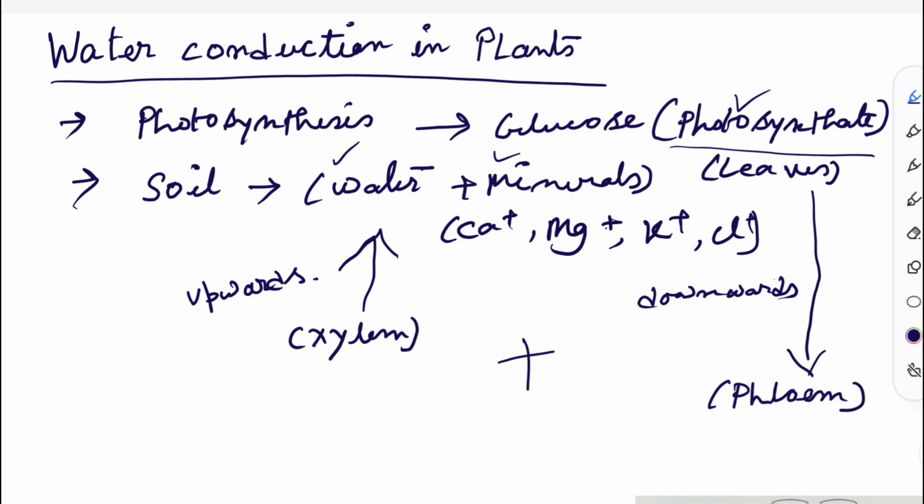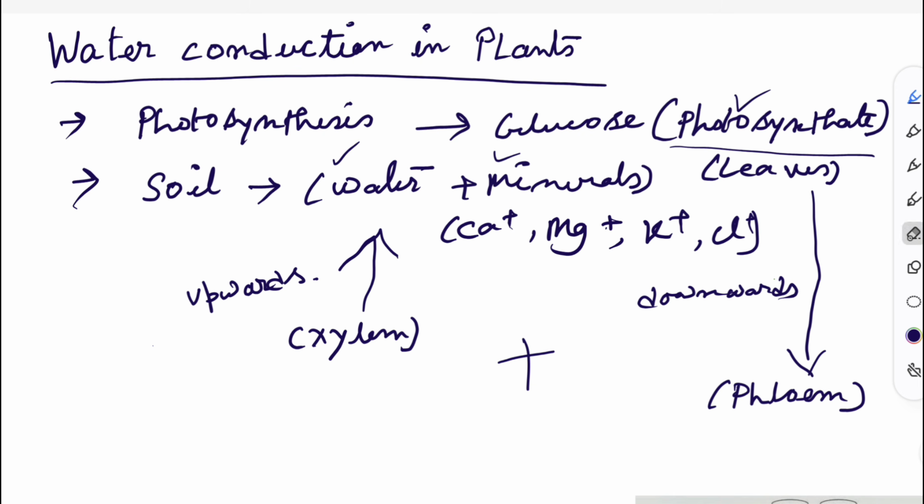So in this video we are going to particularly learn about xylem's conduction, that is water conduction in plants, how plants carry the water from the rootlets or root hairs to the tip of the plant. That's what we are going to learn today.